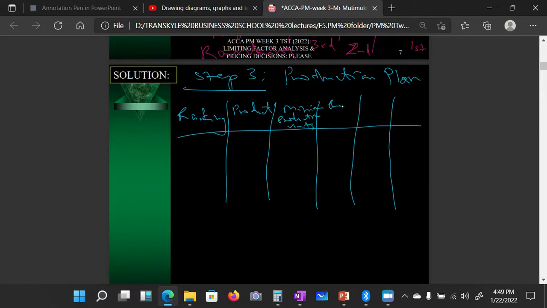Then production quantity in units. Okay, then we need the material cost in total. Remember, these ones are in dollars. Now this one, just leave it like that.